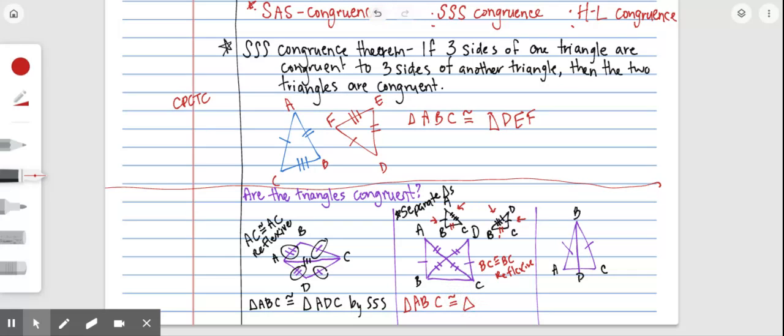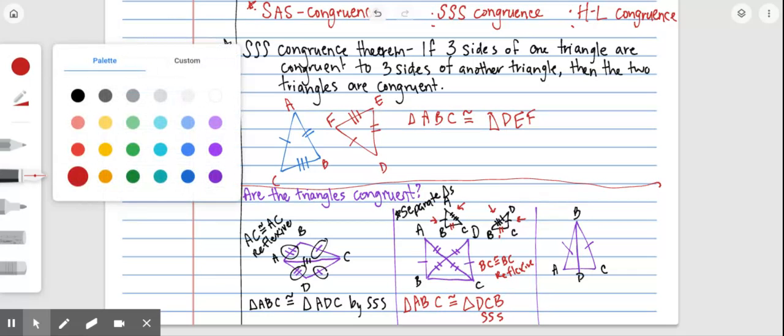And again, I need to make sure that they line up. So AB is the one that has a single mark. So I need to go D, C, and then C to B. The last one is B. Yay. Okay. So I know that they're congruent by side, side, side. Because I've got side, side, side.